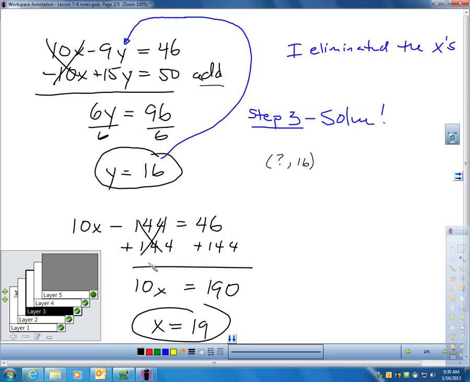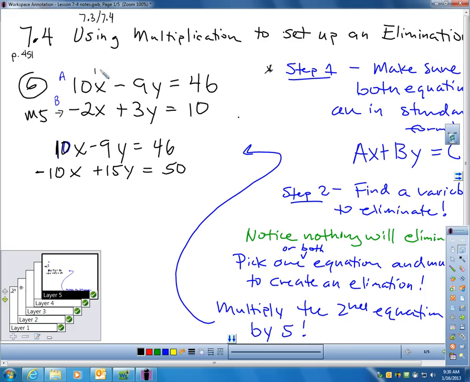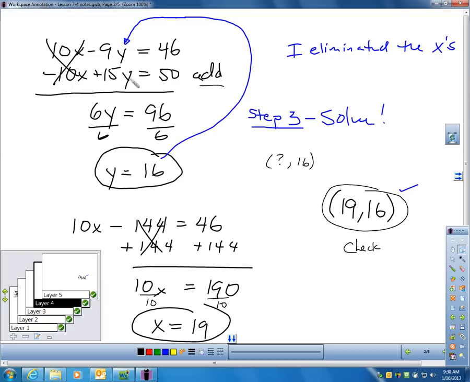I can add 144 to each side and divide each side by 10, and I just figured out that x is 19, so I get the point (19, 16). And remember, once I do that, I ought to check it. I can go back to the beginning of the problem, plug in 19 and 16 here and make sure it works, and do the same thing in the other equation. So that's how we can eliminate even if the problem isn't set up to eliminate.